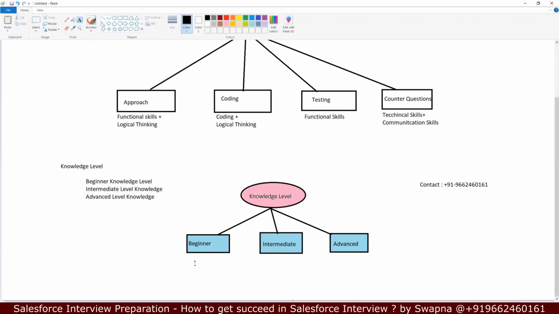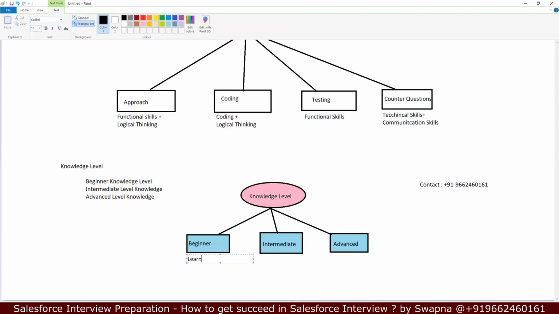They just learned Salesforce, but do not have clarity. They cannot link the business scenario with the technical or the functional. They know Salesforce, that's it.